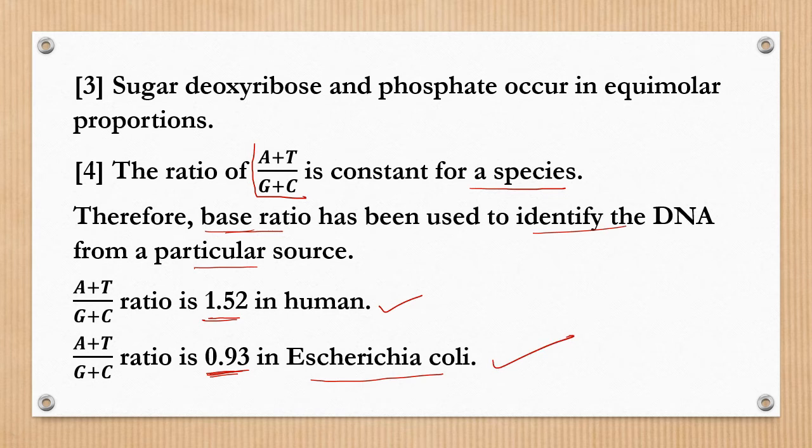Different species have different base ratios, but the base ratio is constant within a species. In all human beings the base ratio of DNA is the same, and similarly, monkeys belong to another species, and in all monkeys the base ratio is constant. So depending on the base ratio, we can identify the DNA of a particular species.